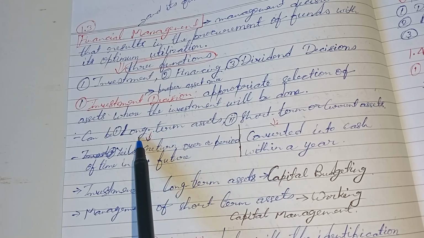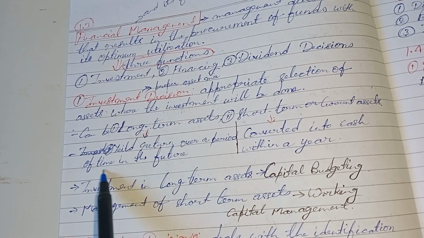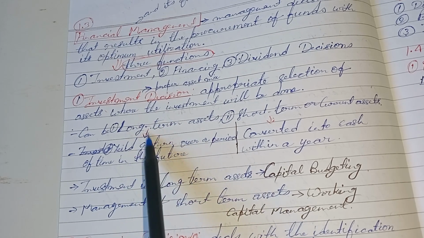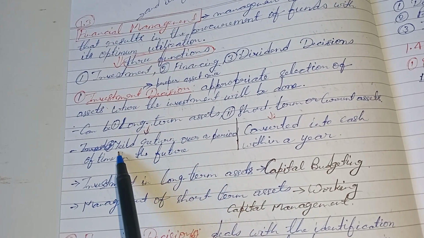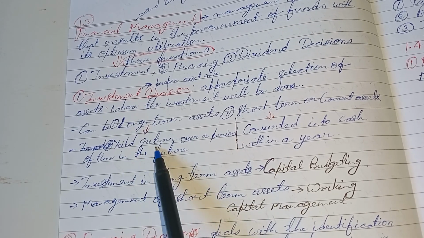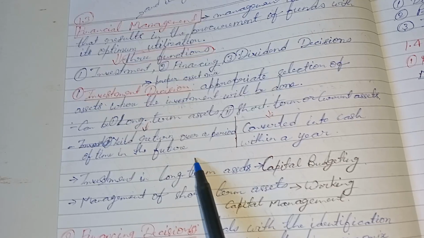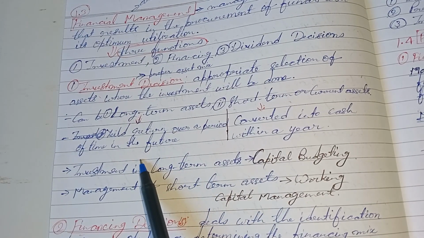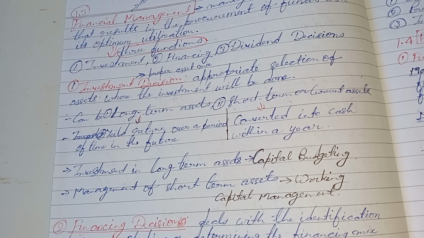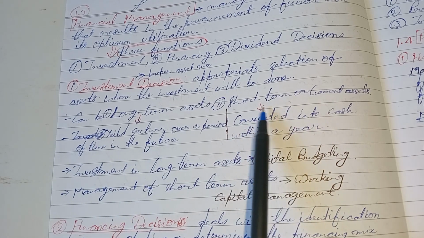Long term assets yield returns over a period of time in the future. It means in case of long term assets, the returns come over a long period of time.